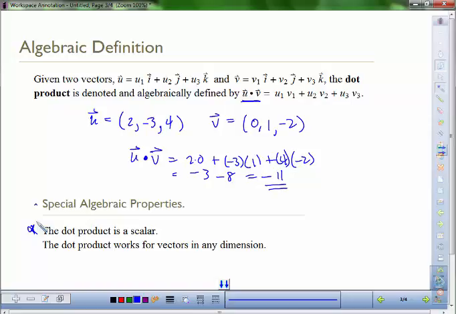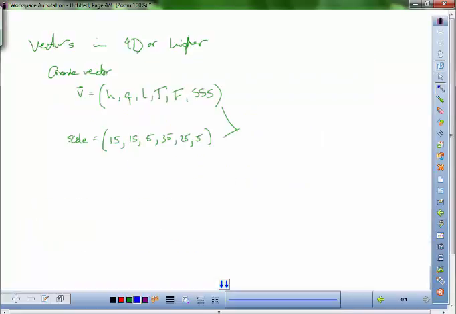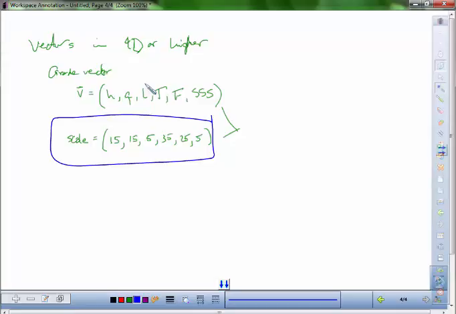Do you remember we had a 6-dimensional example of a vector? Your grade. This is a snapshot of notes that we took on Thursday, and I wanted to focus on the scale and somebody's grade. I thought we made up a grade for somebody.